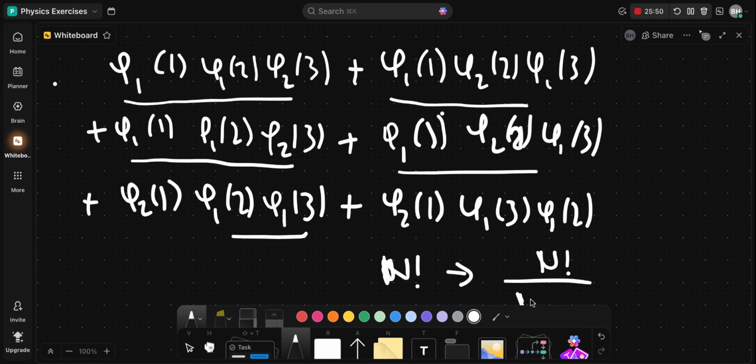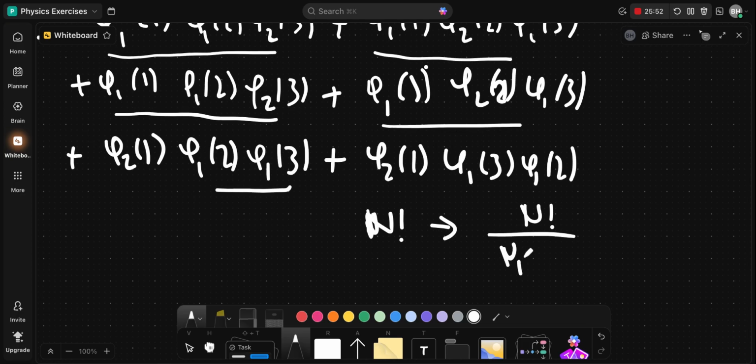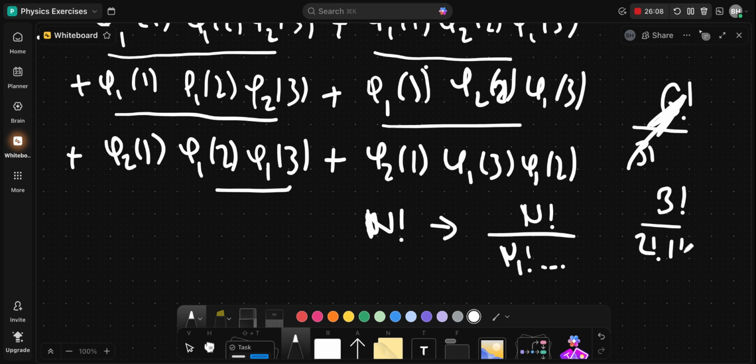but only n factorial over n1 factorial, etc., are distinct. So in this case, it means 3 factorial divided by 2 factorial and 1 factorial are distinct.